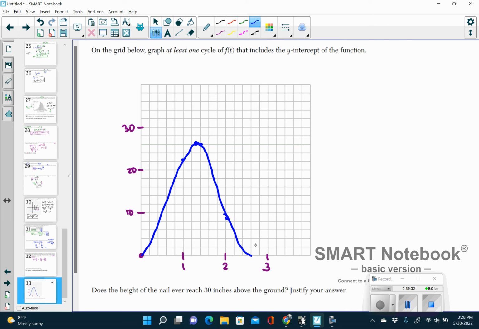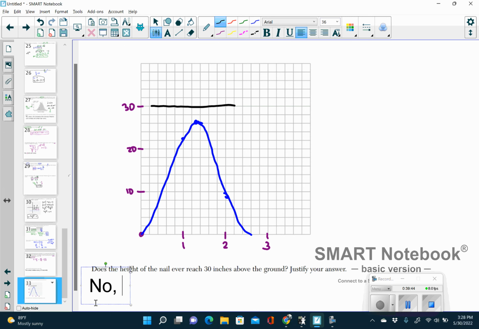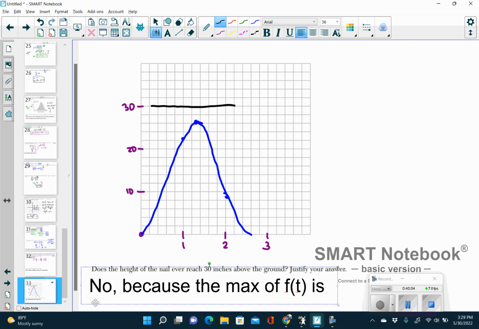And then it says, does the height of the nail ever reach 30 inches above the ground? So this is where 30 is. So the answer is going to be no, it does not. So no, because the maximum of f of t, of our function, is 26.